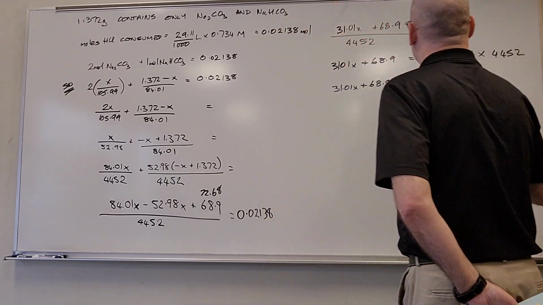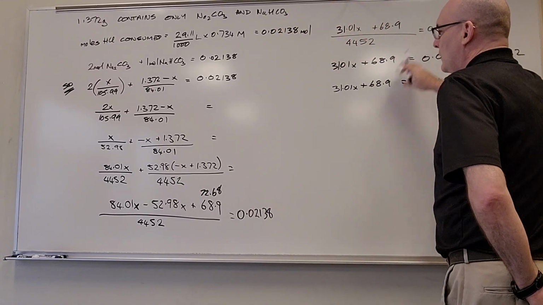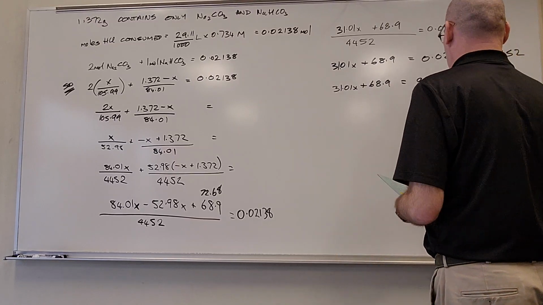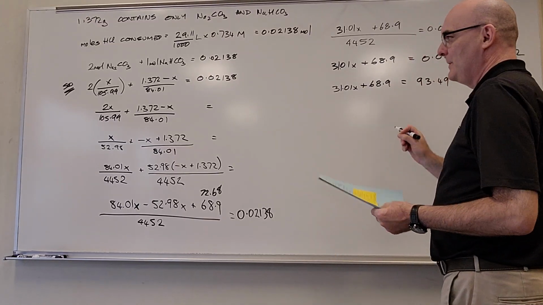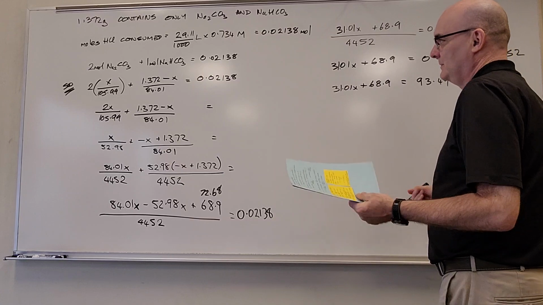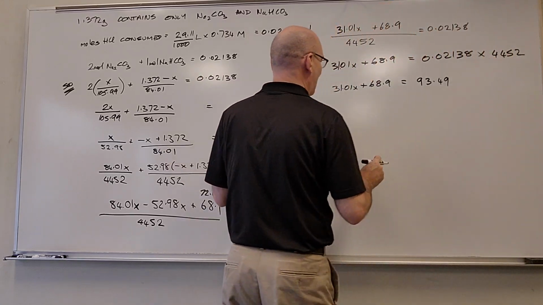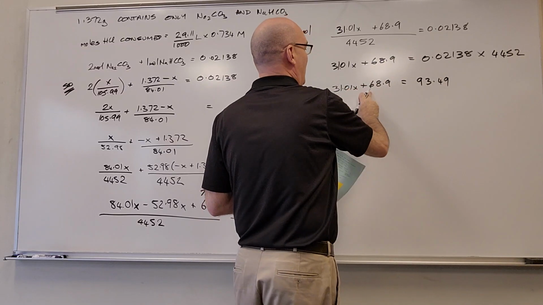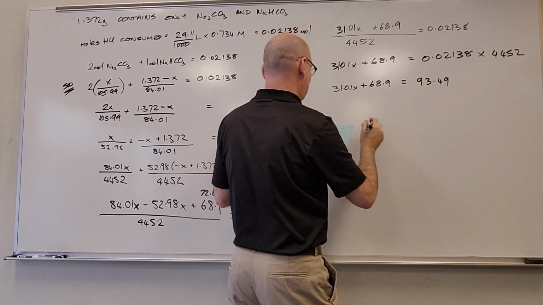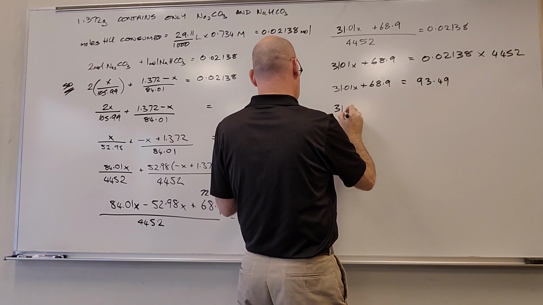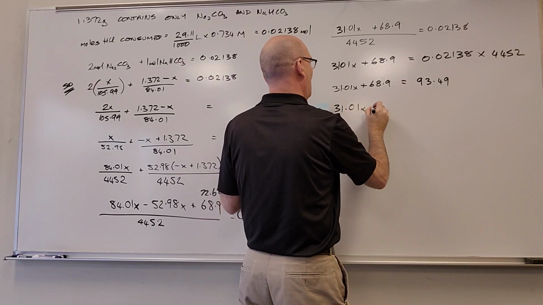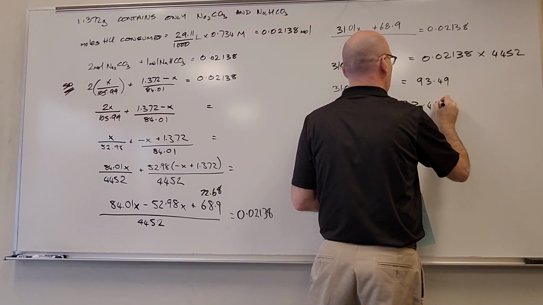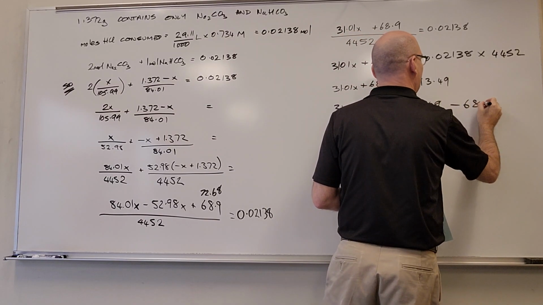Okay. Let's run through what I've got, and then we can go and fix it at our leisure. I'm assuming that the end might be off by a little bit. We'll see. Let's do the logic. All right, and then I'm going to move that over here, which gives me 31.01x equals 93.49 minus 68.9.